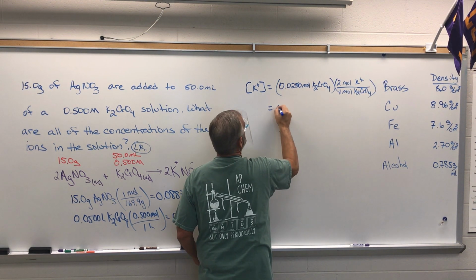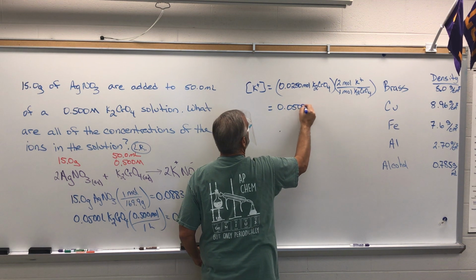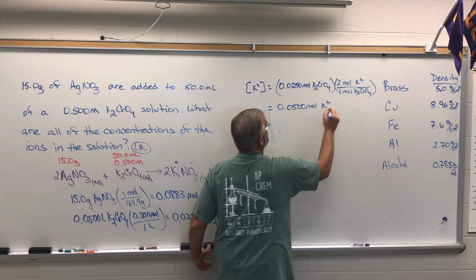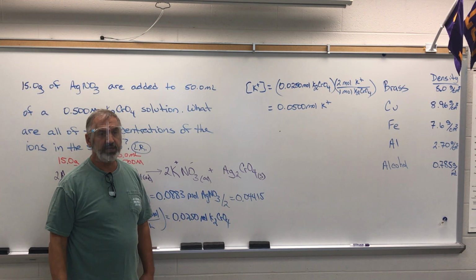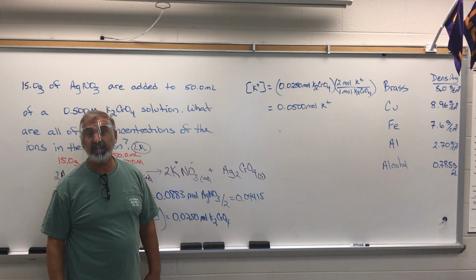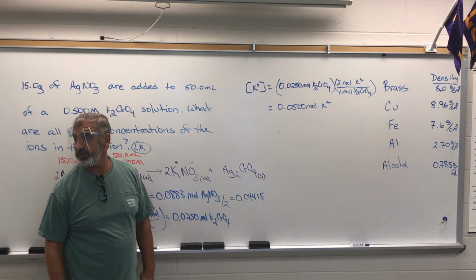So that's going to give me 0.0500 moles of K+. Okay, that's part of the tricky part, is not realizing that with the subscript you've got to multiply it by 2.